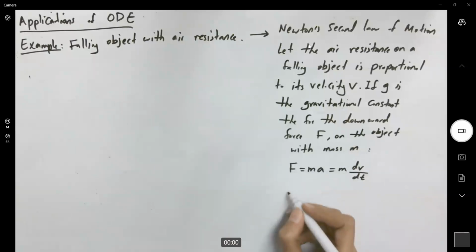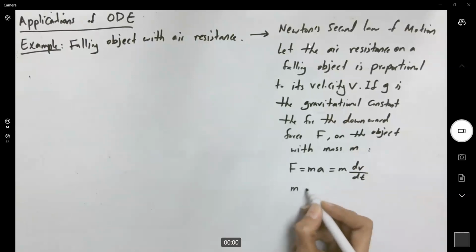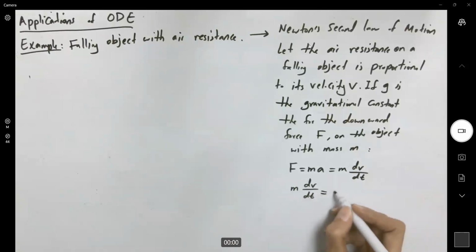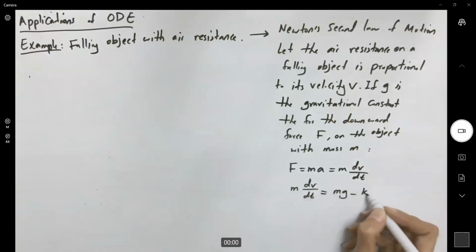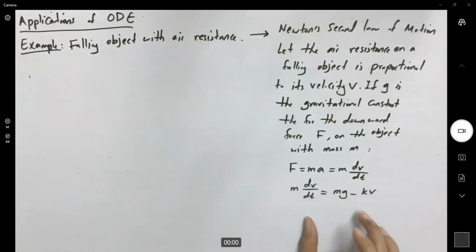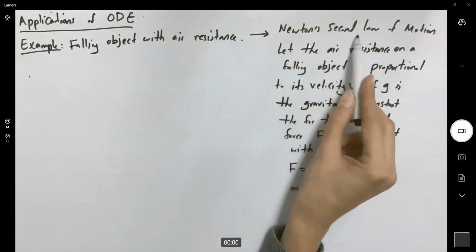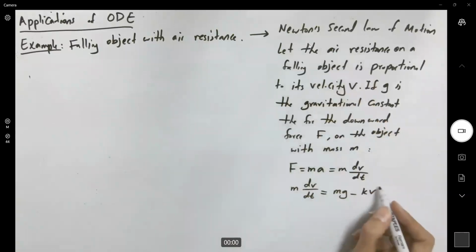Then F, or m dv/dt, can be written as mg minus kv. So this is what we have. We have a differential equation when we are dealing with Newton's second law of motion.